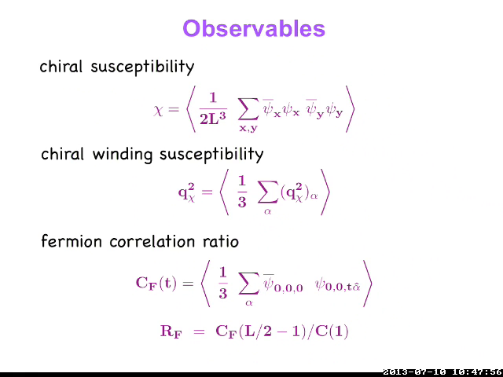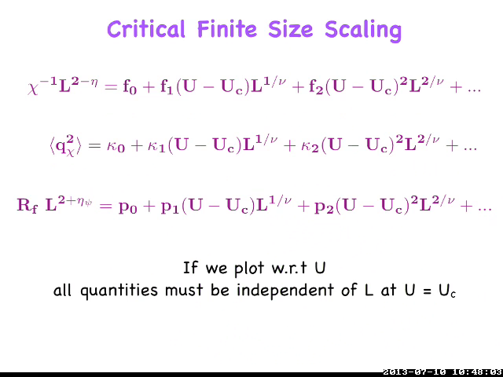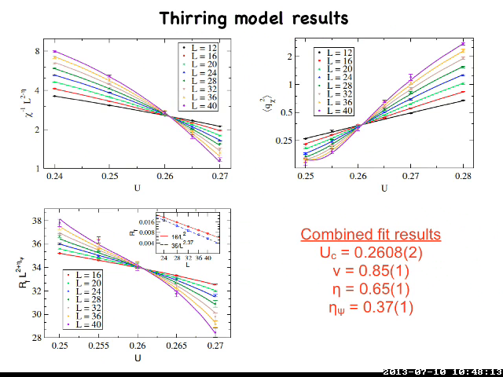We looked at the ratio of a fermion correlator to measure the different critical exponents. There is standard finite size scaling, what happens close to the critical point, so that we can extract the critical exponents eta and nu from that. These are some of our results. We were able to go to 40 cube lattices, and there was a question of how we update things.